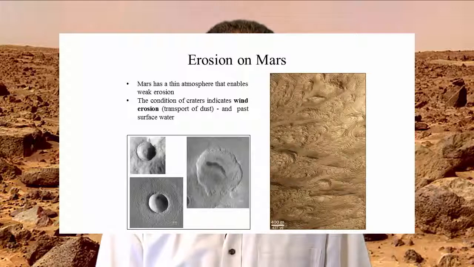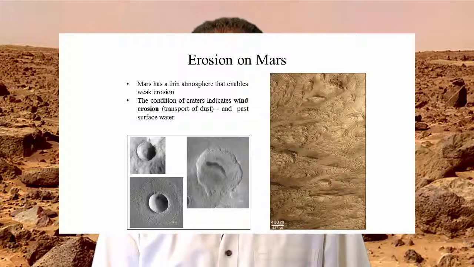Our right-hand image shows a vast dune field on Mars where the wind has sculpted the surface here, and we see very few, if any, craters. So again, we do see this erosional process occurring on Mars, not nearly as strongly as on Earth, but over long periods it certainly has a tremendous effect.